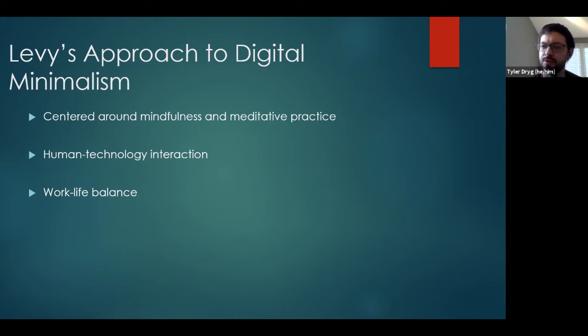Again, like I mentioned, he's really interested in this idea of human technology interfacing from an information behavior standpoint. What that means is he's really interested in how we as people use these tools to gather information, to use in our daily life, how they inform our behavior, basically.